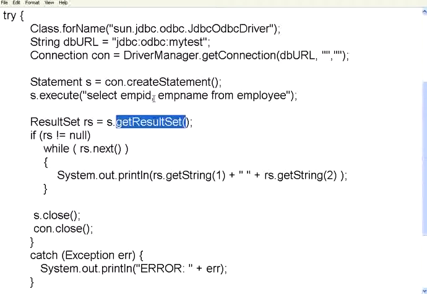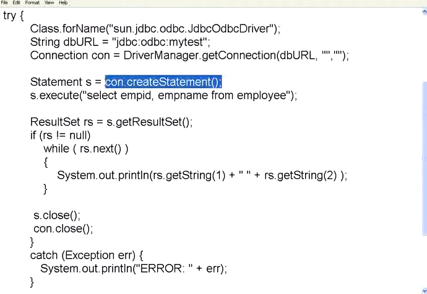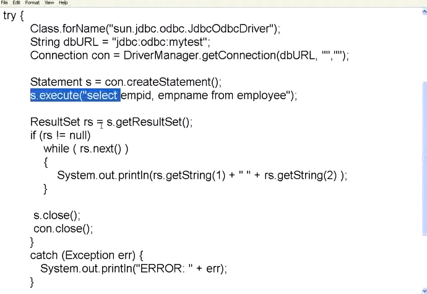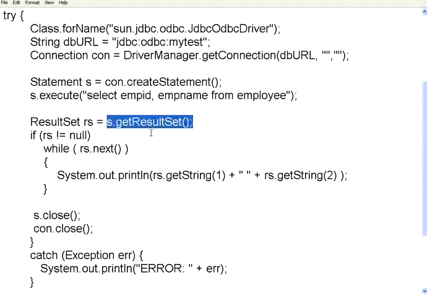statement.getResultSet. This is simple stuff. First create the connection object. Using the connection object, create the statement. Using the statement, execute. Once you execute, using the statement, get the result set. A result set is nothing but rows and columns.